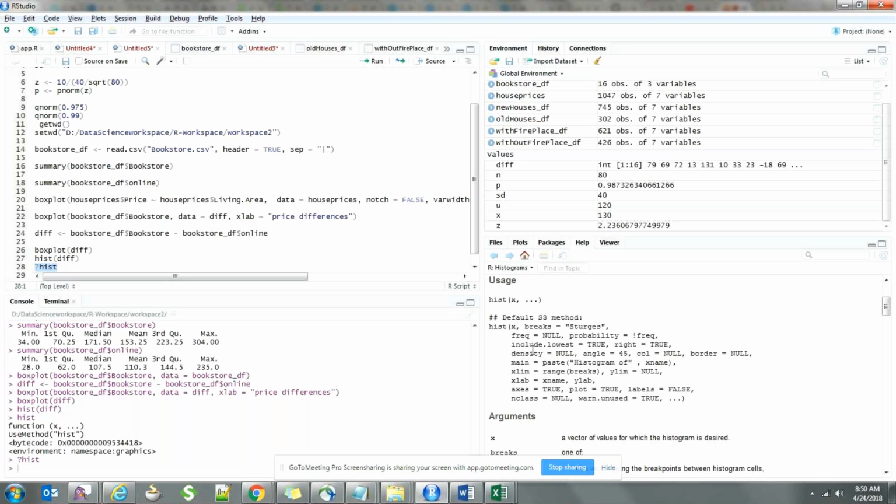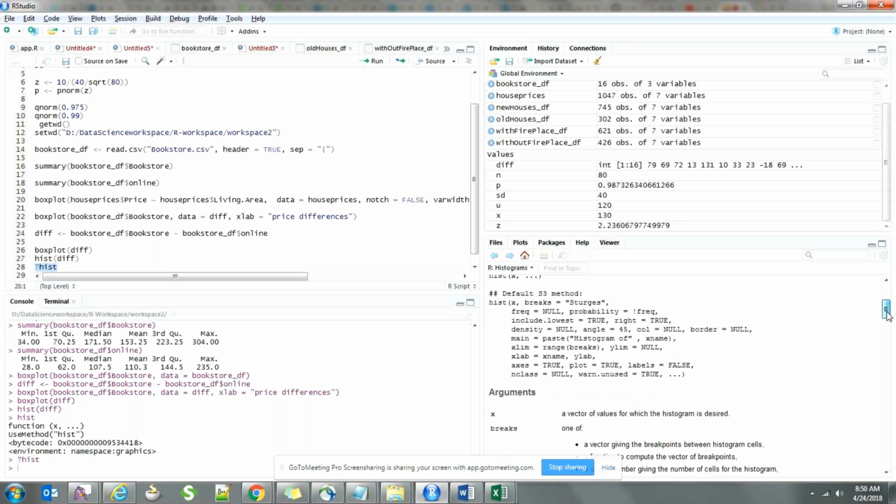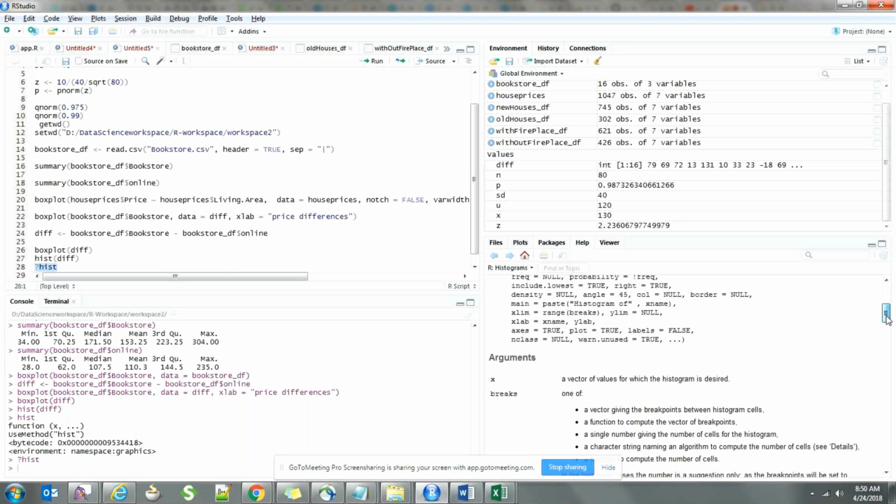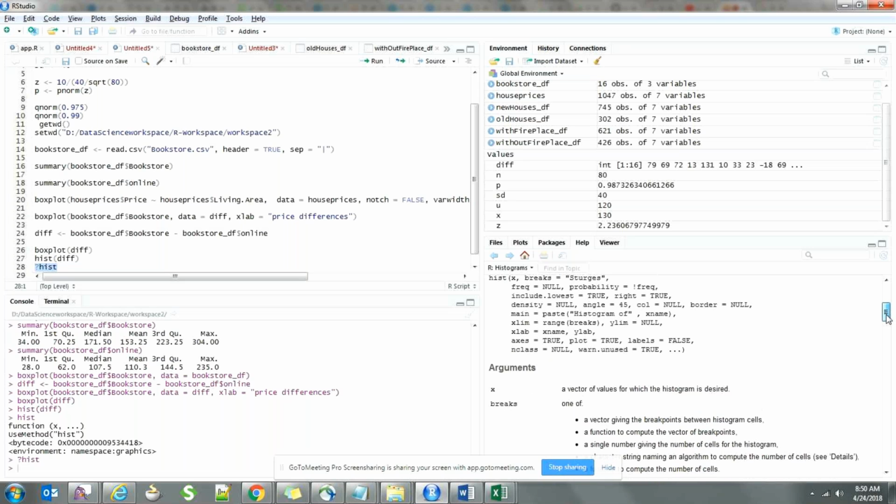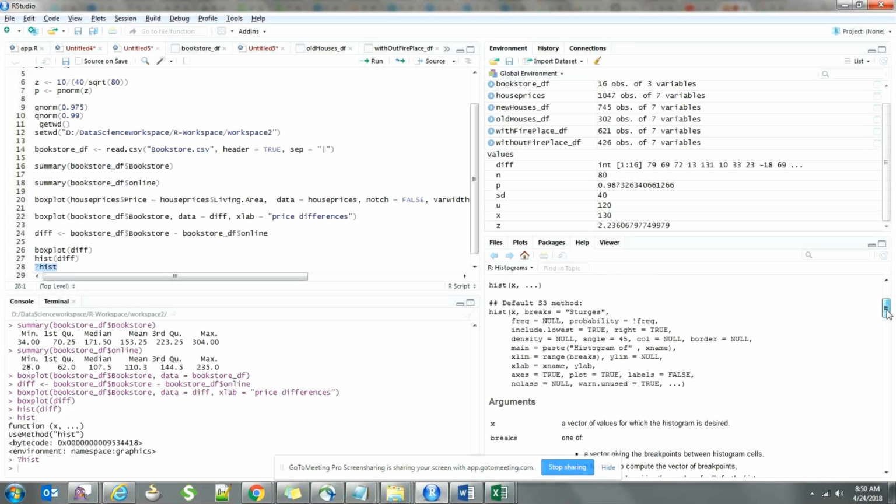Okay, so you can see it has variations and it looks like a symmetric distribution. So what we can say is, this sample which we have collected is not a biased sample. It looks like a randomized sample.